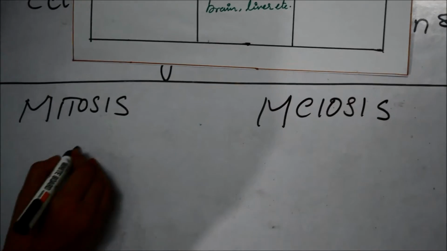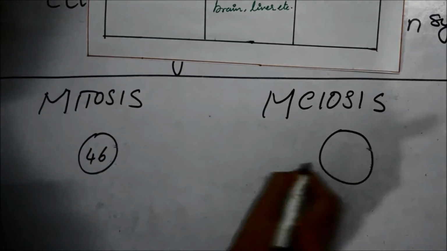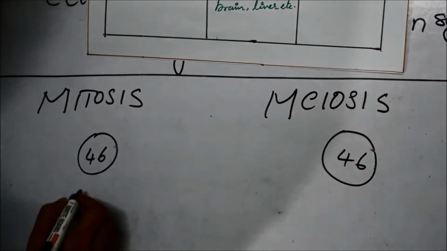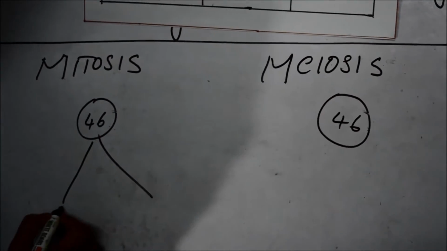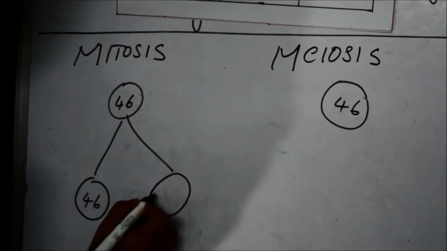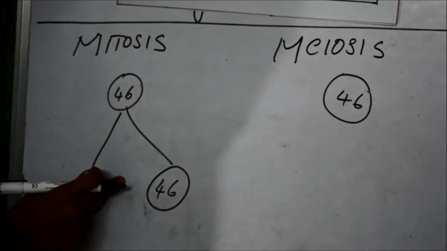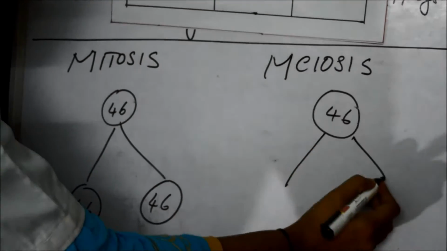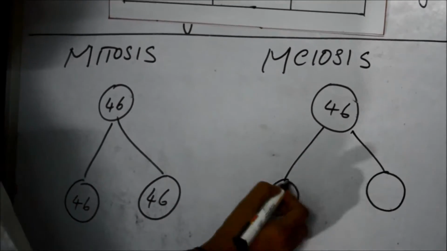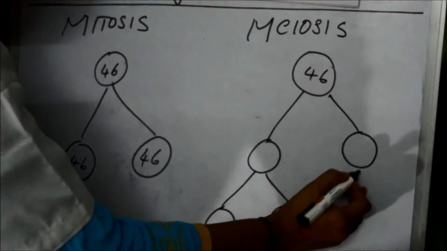So the major difference between mitosis and meiosis is the number of chromosomes in the daughter cell. In mitosis, the daughter cell will have an equal number of chromosomes. In meiosis, the daughter cells have exactly half the number of chromosomes.